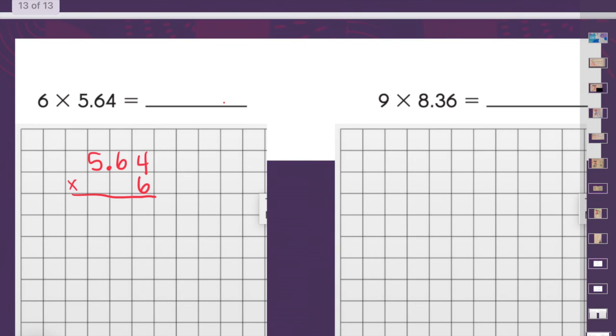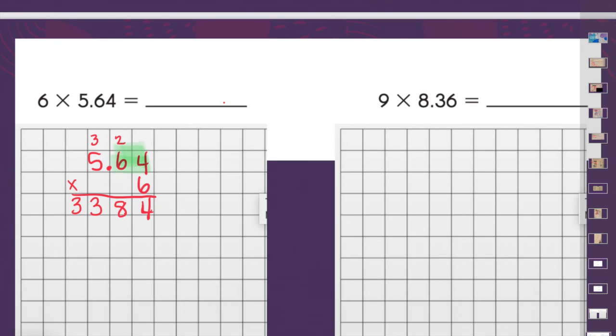So let's look now. 6 times 4 is 24. 2 goes up top, 4 goes down below, 24. 6 times 6 is 36, plus 2 is 38. 3 up top, 8 below, 38. 6 times 5 is 30, plus 3 is 33. Again, you have to look at how many place values are behind the decimal point in each of your factors.